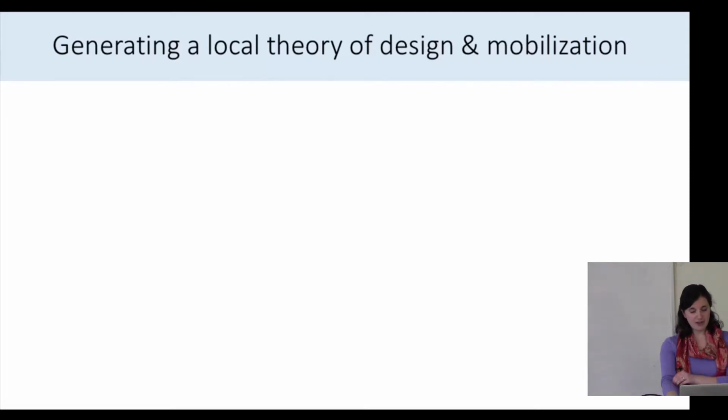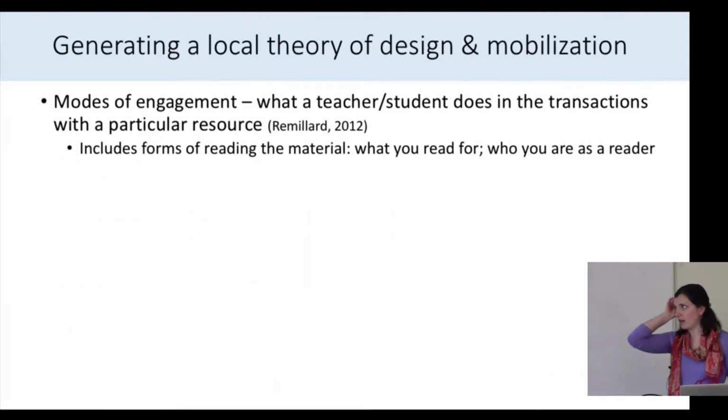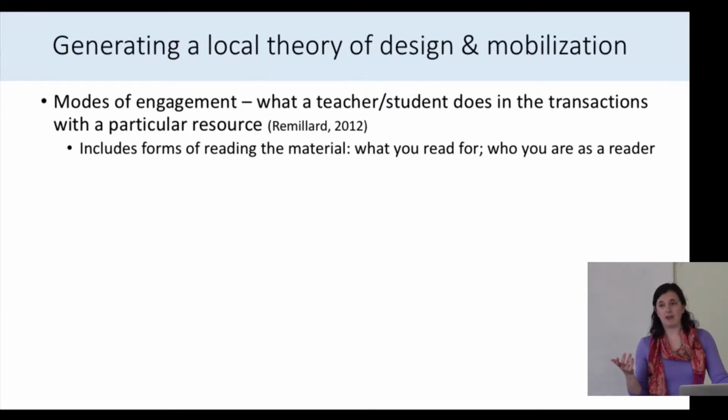I've very recently come up with a framework that might help me think about this, which is the idea of modes of engagement: looking at what a student or teacher does in the transactions with a particular resource, and specifically how they read the material. What are they reading for? Looking at what they're reading for and who they are as a reader, and whether I can parse that out from their mobilization.